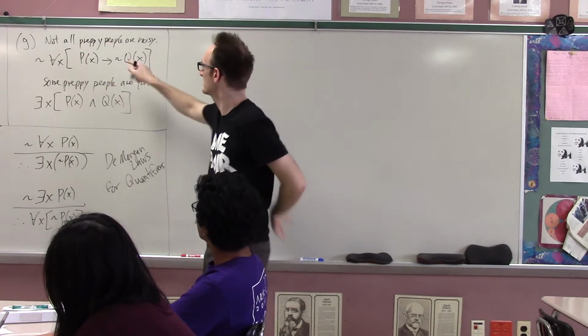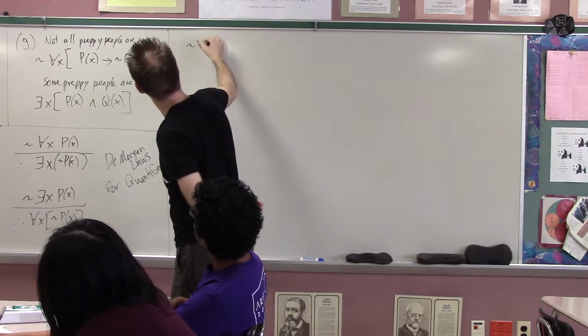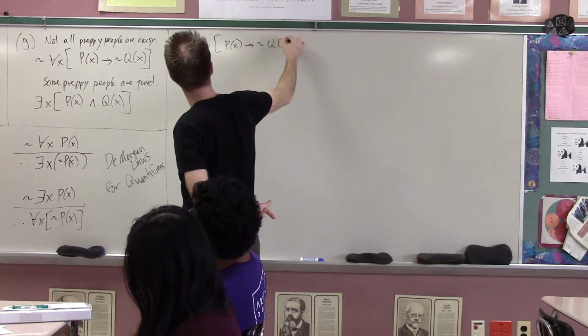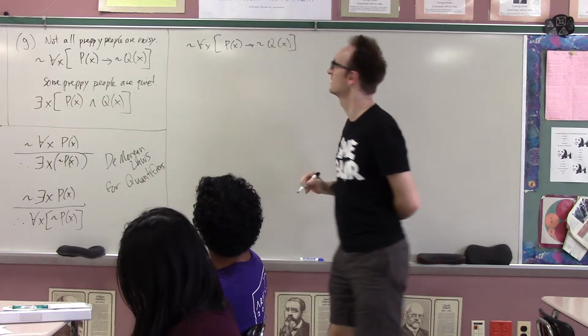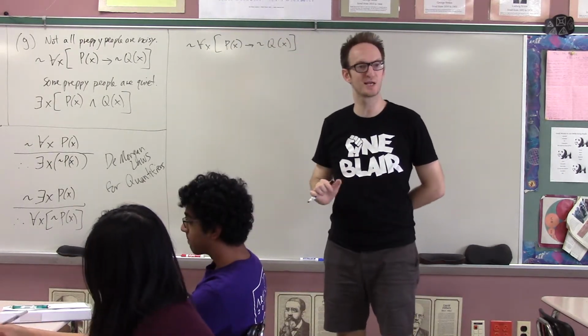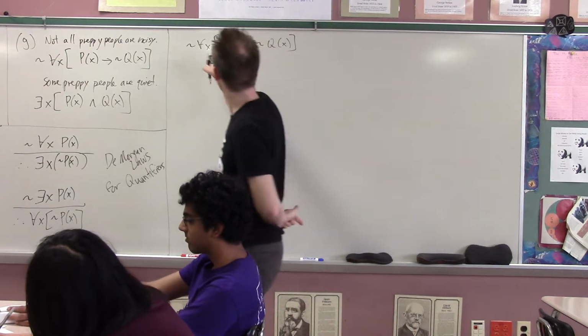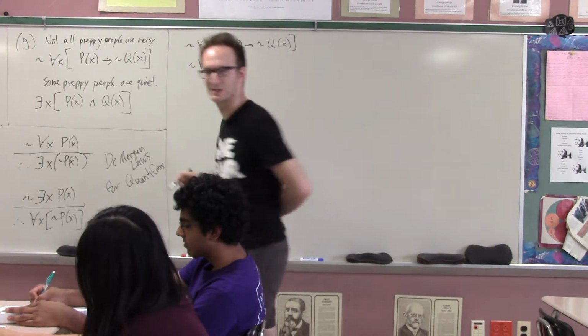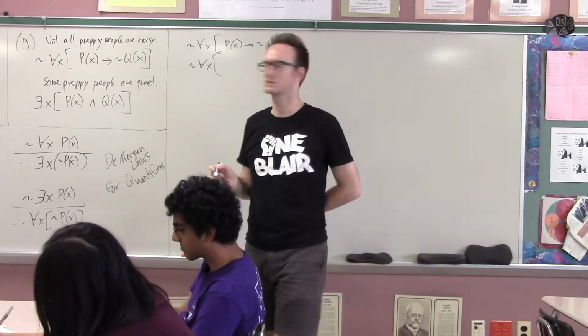Because, take this sentence right here, not for all x, P of x implies not Q of x, and let's apply a bunch of translations to this, like we did earlier with propositional logic. So, this says not for all x. Does everyone see where this is going? I'm going to convert it.